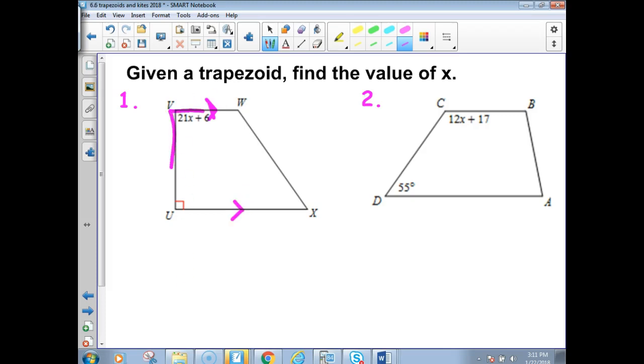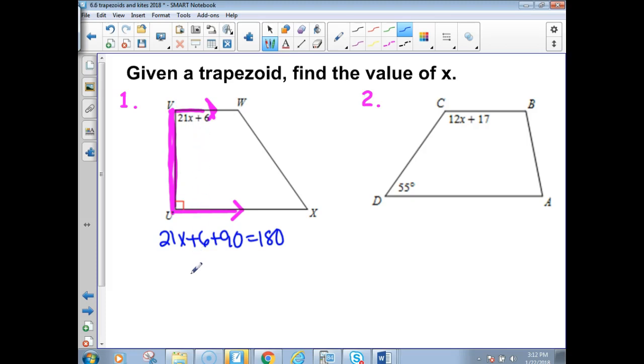These are cut by a transversal, and these are on the same side, and they're one after the other, which is consecutive interior. So they add up to 180. 21x plus 6 plus 90 equals 180. Now, if anybody wanted to realize that that's 90, that this angle also has to be 90, you could do 21x plus 6 equals 90, right?